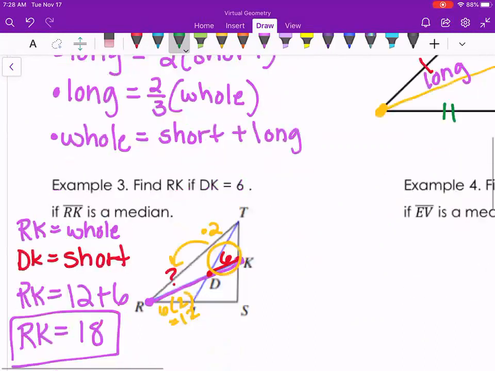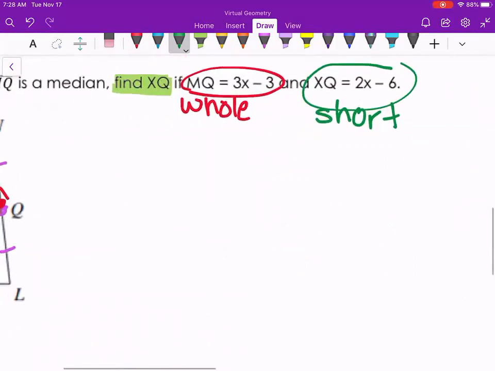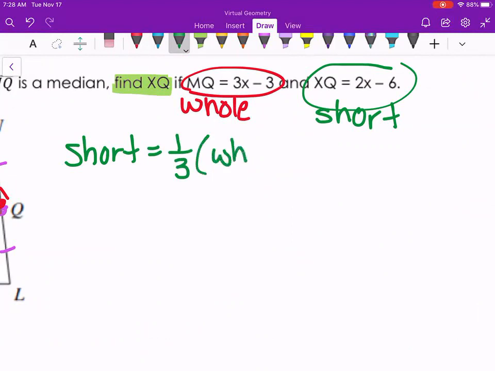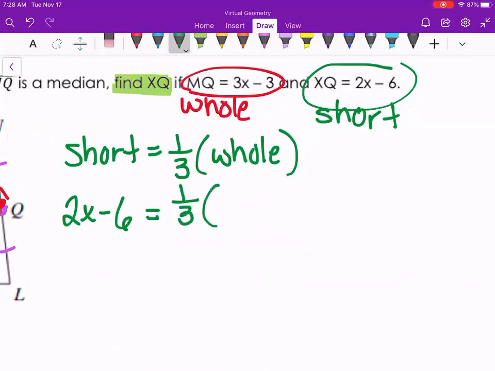So that's the formula I need to use. So let's plug everything in. So 2x minus 6 is equal to 1/3 times the whole thing, which is 3x minus 3. And now we have our equation.